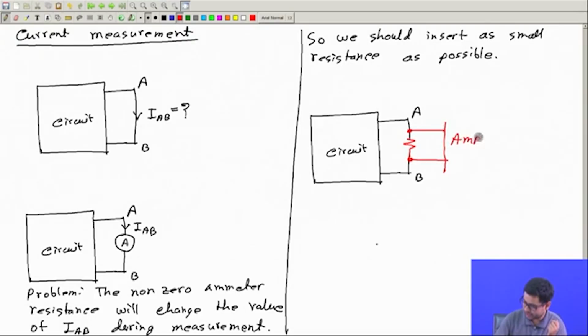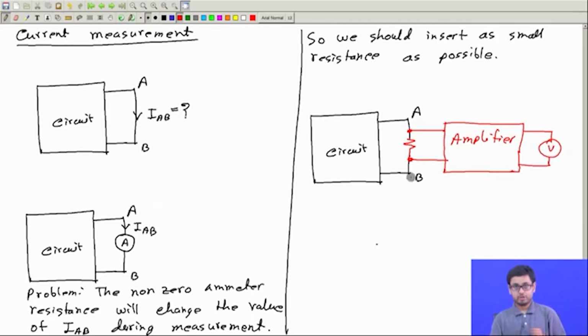So we shall take an amplifier, and here we shall have a voltmeter. You see, this is a very small resistance, as small as feasible considering other factors, of the order of maybe 1 ohm, 2 ohms, several ohms.